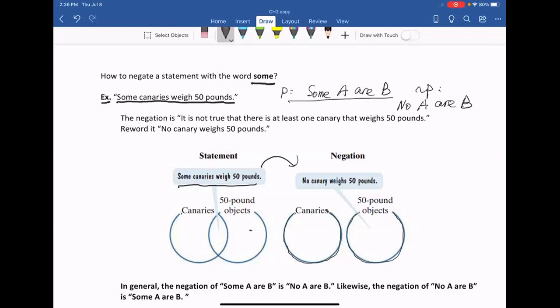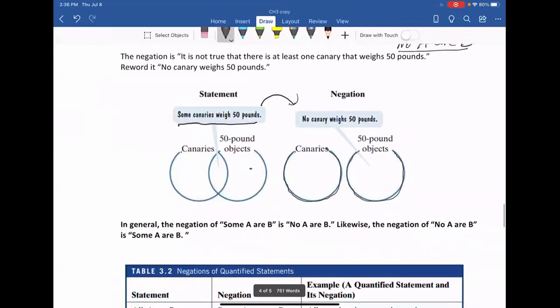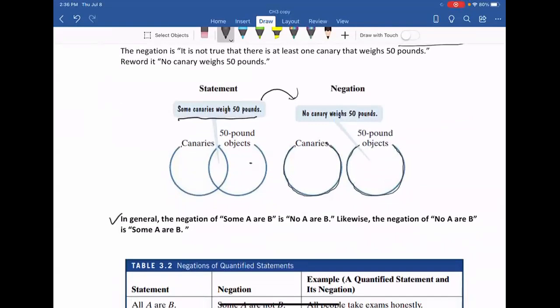So memorize this. Here is the conclusion. In general, the negation of "some A are B" is "no A are B". Likewise, the negation of "no A are B" is "some A are B".